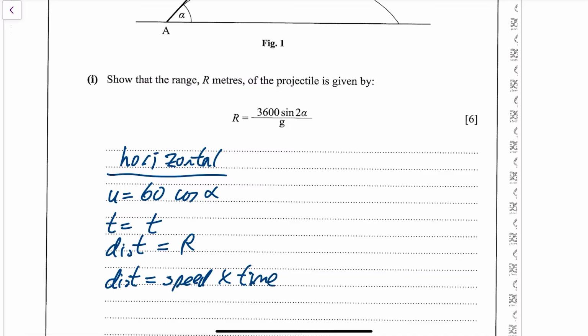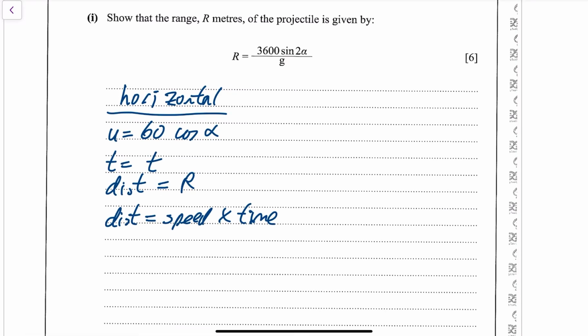We're using that because, as I said, there's no acceleration, the speed's constant. So in this case, r is equal to 60 cos alpha times t. Now, it doesn't look like it's done me a lot of good. I'll see later on if it'll help me. That might well work for me, might not even use that at all.